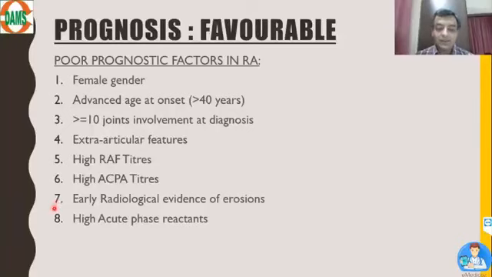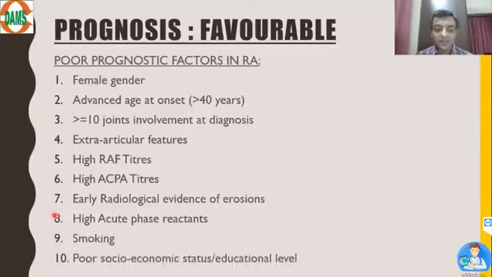Early radiological evidence of erosion, high acute phase reactants, smoking, poor socioeconomic status, educational level. Okay, because of lack of awareness, some of you told that our patient follow-up is not there, patients are poor. That is correct, and that is why prognosis is poor.